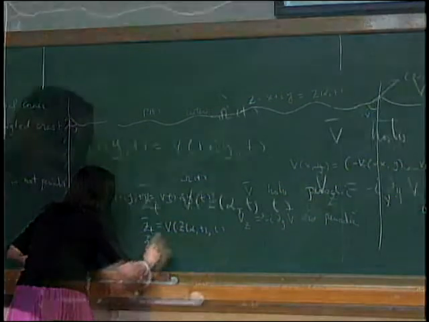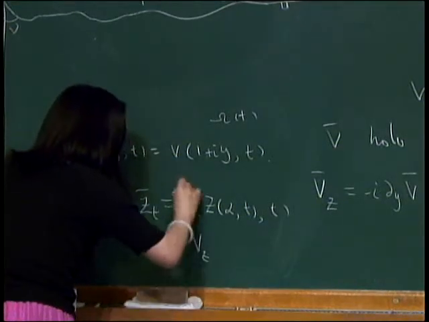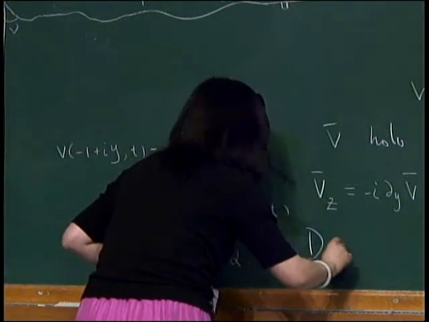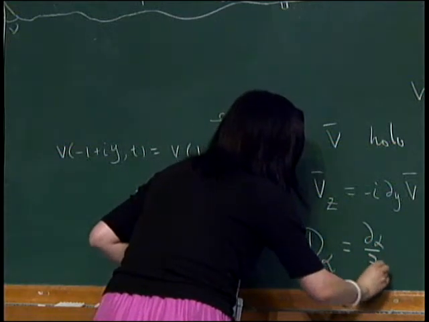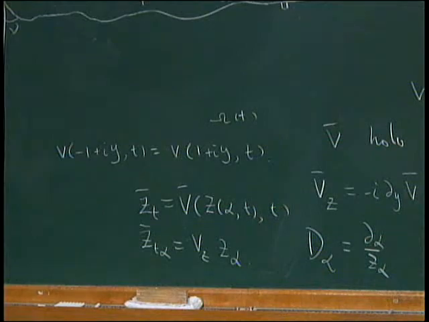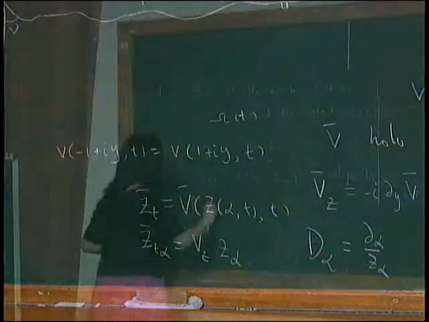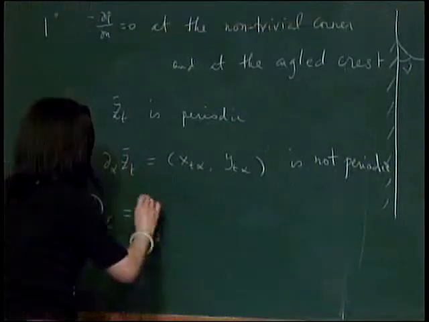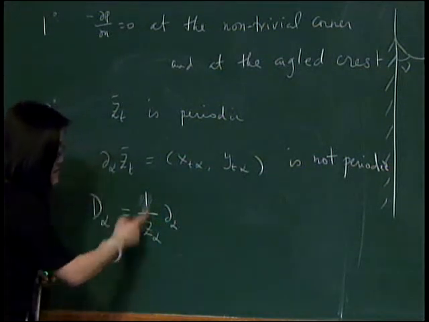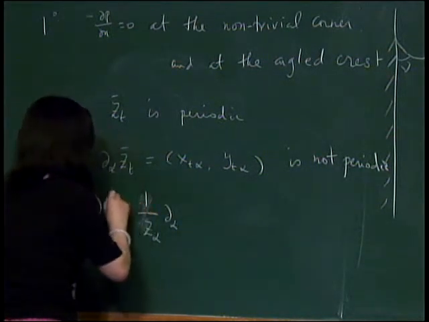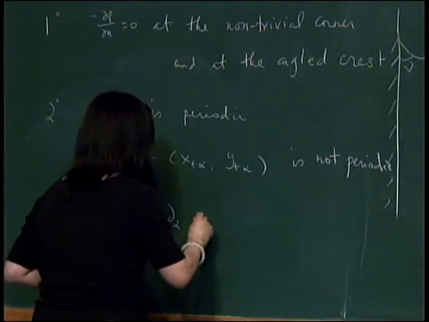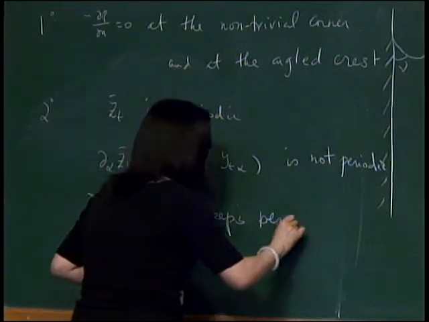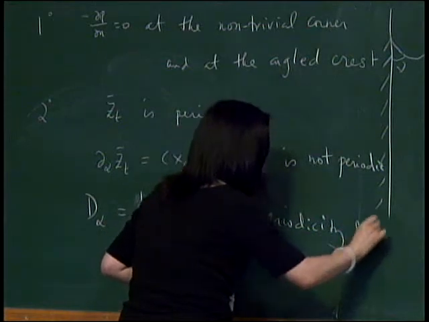If I take one more derivative in alpha, I get V_z and Z_alpha. So if I deal with this quantity, D alpha Z_t bar, derivative normalized by a complex weight, that will keep the periodicity and holomorphicity.